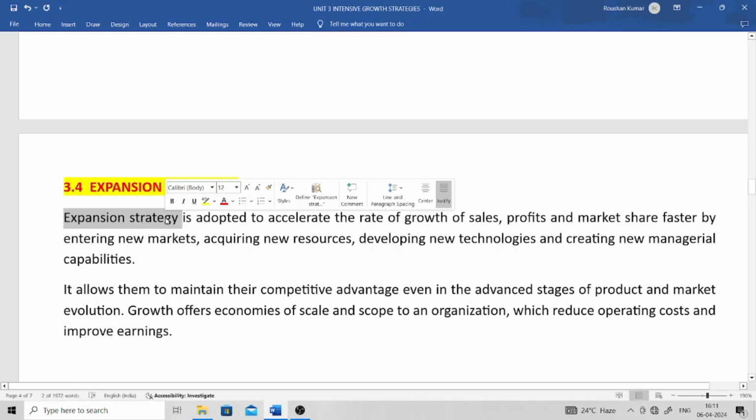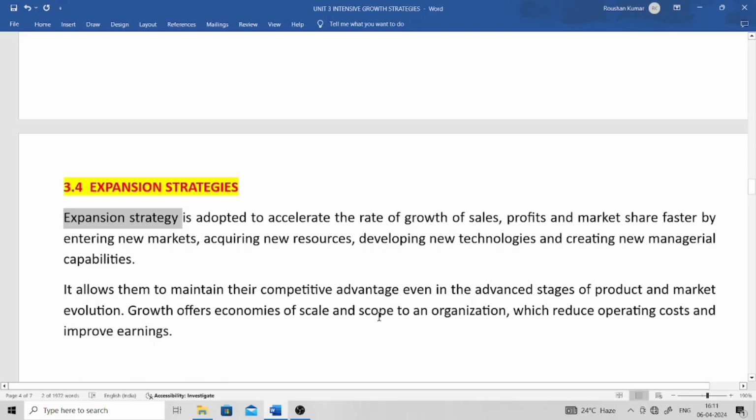Every enterprise adopts an expansion strategy to accelerate the rate of growth of sales, profit and market share faster by entering new markets, acquiring new resources, developing new technologies and creating new managerial capabilities. It allows them to maintain their competitive advantage even in the advanced stage of product and market evolution.